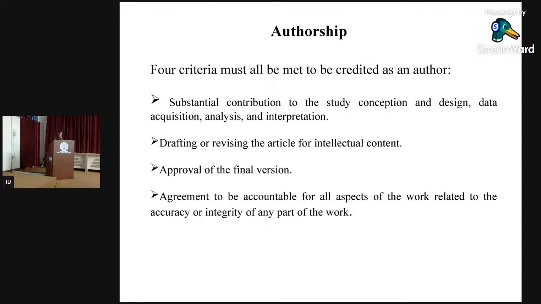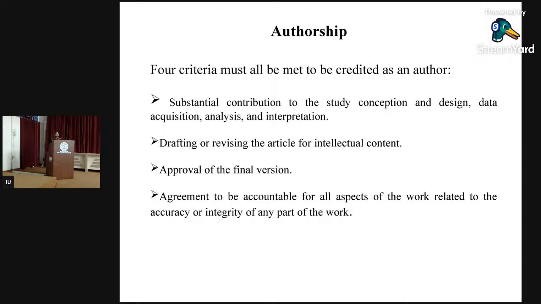So essentially, that person is doing his or her job. But if he or she wants a share of the authorship, that is an unethical practice, because he is only helping you in acquiring the data, which is a part of his or her job. So substantial contribution to study conception and design, data acquisition, analysis, and interpretation are the criteria that anybody has to follow while giving away authorship.